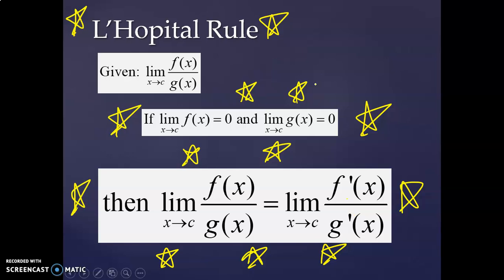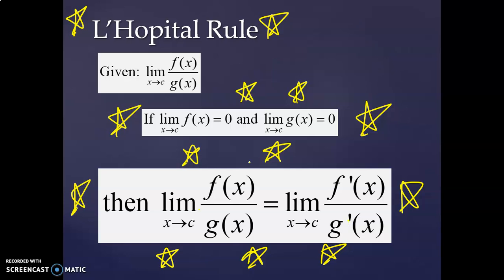So again, this only works if the limit on the top is equal to 0 and the limit on the bottom is equal to 0, or if they're both infinity. But if that's the case, then you can say that the limit as x approaches c of f over g is the same as the limit as x approaches c of f prime over g prime.